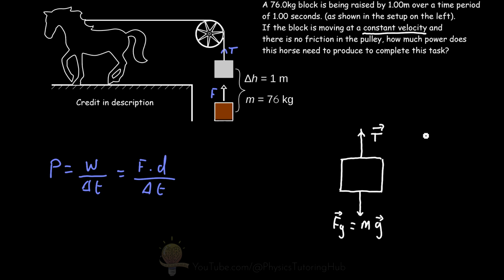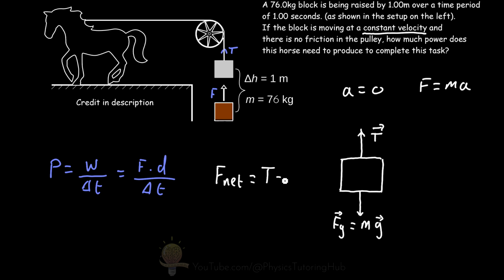So when the acceleration is zero, this also means, according to Newton's second law, that the net force on this box is going to equal zero. So if the net force on this block is zero, that must mean the magnitude of the tension pulling upwards is going to equal the weight of the box.